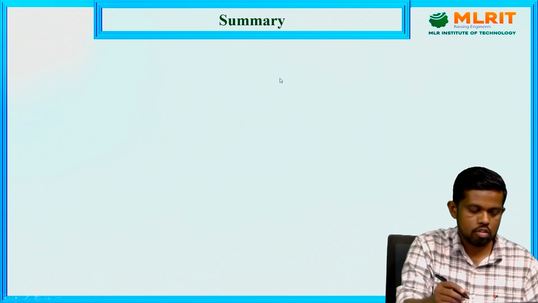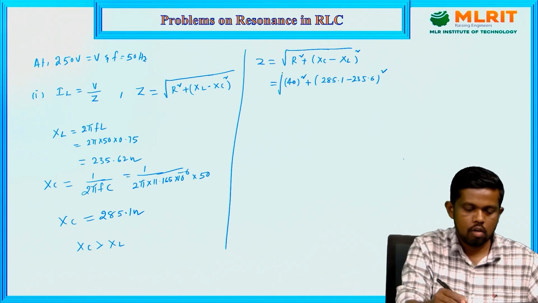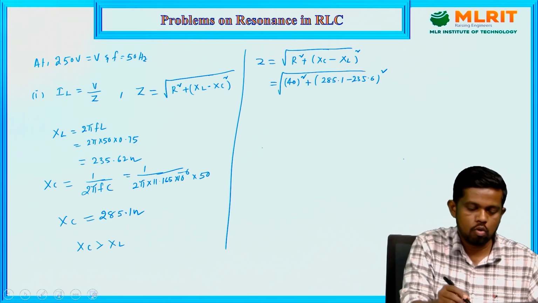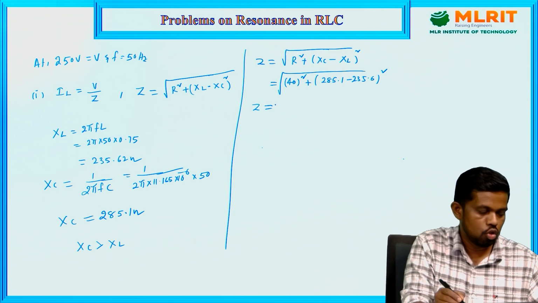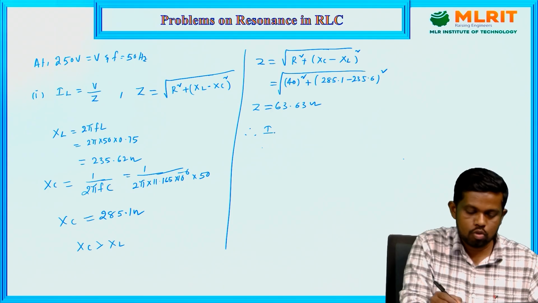After the simplification, Z should be equal to 63.63 ohms.